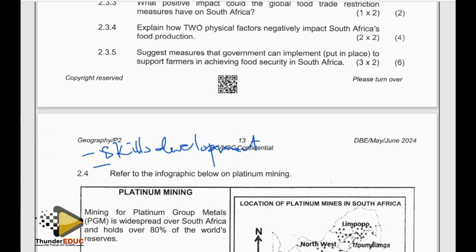You can also talk of skills development in forms of education and training. We send our farmers to training institutions so that they acquire the right knowledge about how to manage farming businesses.